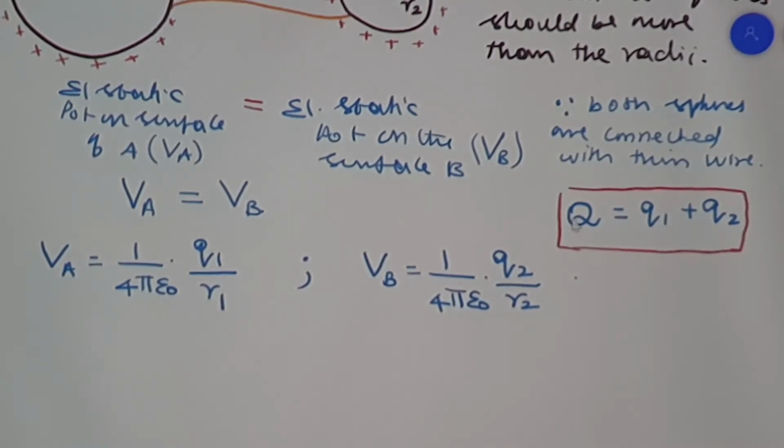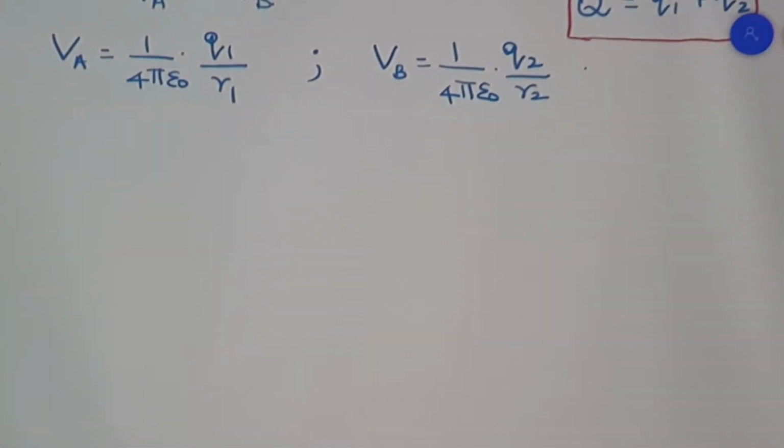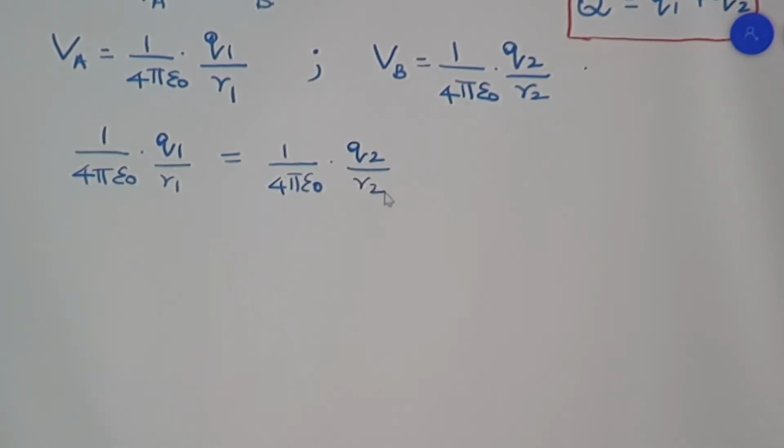Now, considering the two potentials, the potential on the surface of A is VA and the potential on the surface of B is VB. Both are equal since they are connected with a thin wire. Substituting in the above equation, VA is equal to VB means 1 divided by 4 pi epsilon 0 into Q1 divided by R1 is equal to 1 divided by 4 pi epsilon 0 into Q2 divided by R2.